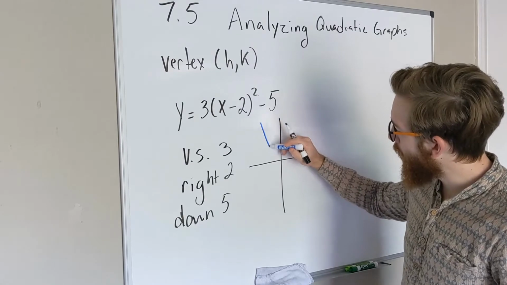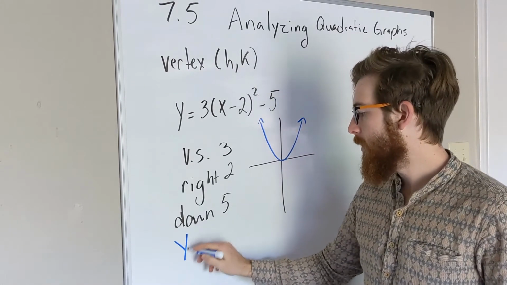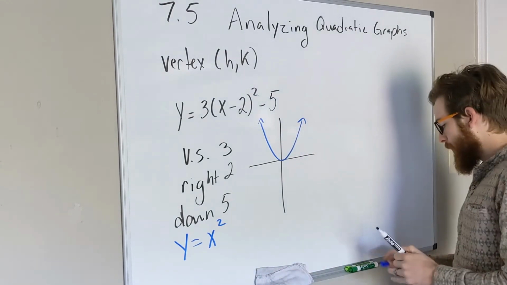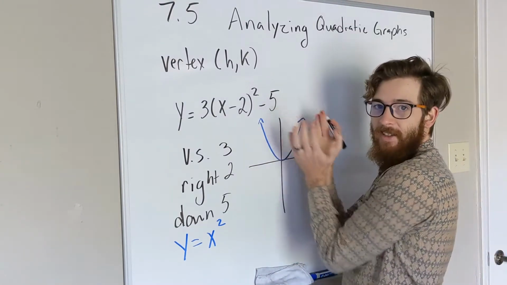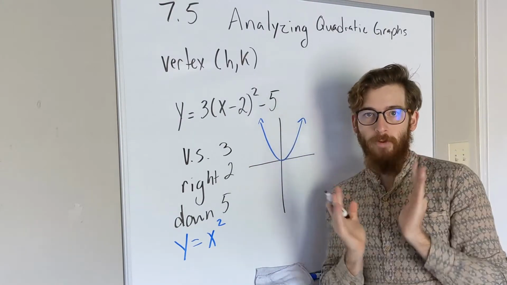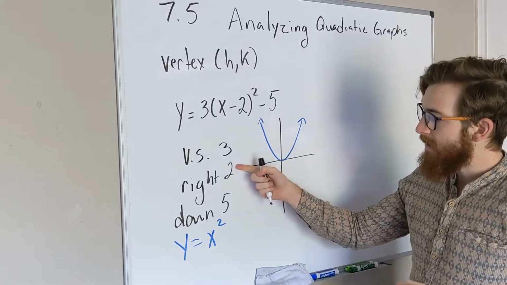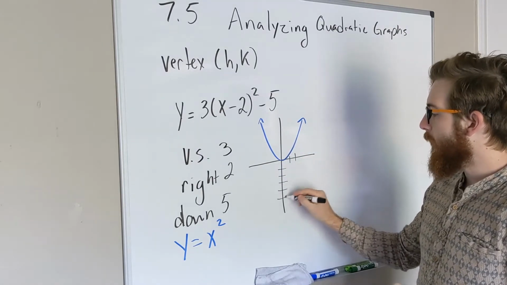So this is right 2, down 5. If the blue is just the normal quadratic function, in other words, y equals x squared, that's the blue function. Vertical stretch tells me it's going to be narrower, because I'm stretching these things narrower. And then right 2, down 5. So 1, 2, 1, 2, 3, 4, 5.